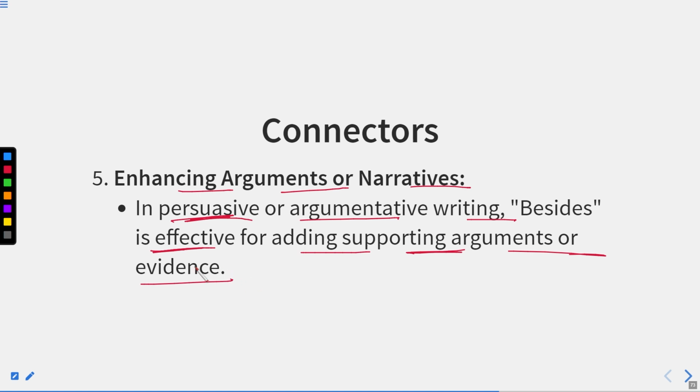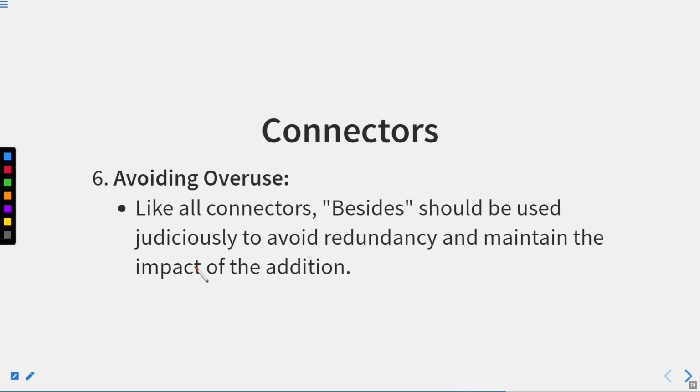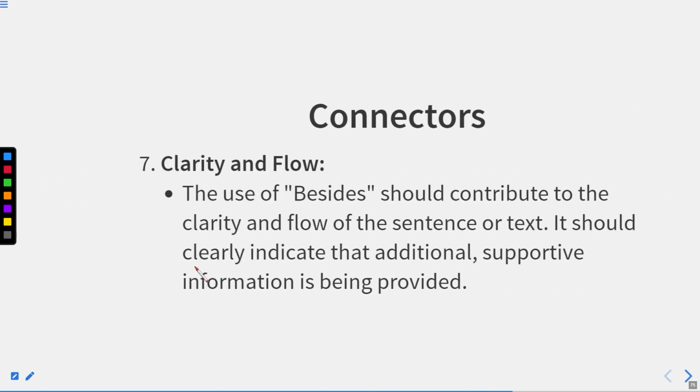It means whatever evidence we have given or provided, when we are adding some extra information after it, besides should make the information that has been previously mentioned stronger. Okay. Avoiding overuse, like all connectors, besides should be used judiciously. It means fairly, to avoid redundancy and maintain the impact of the addition.